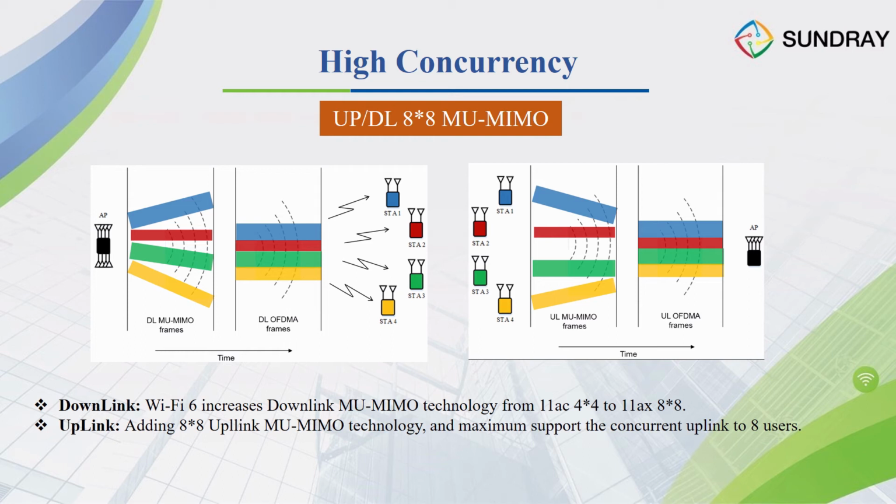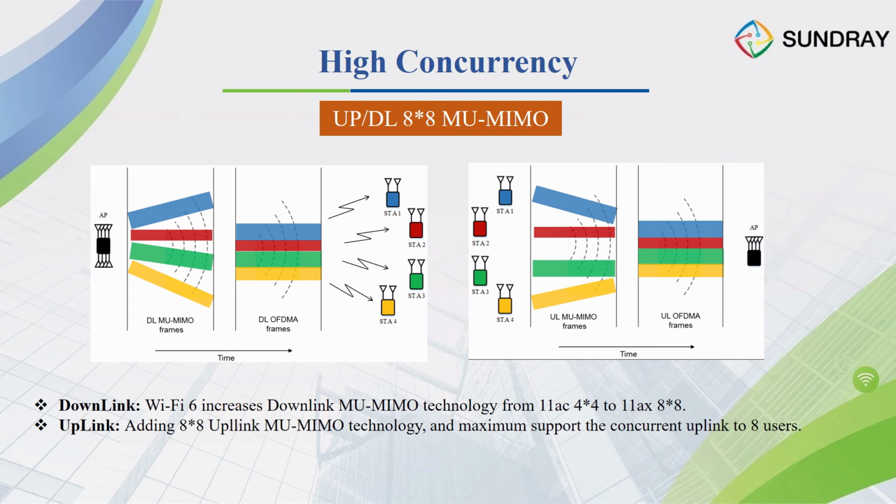But right now we have uplink and downlink both supporting 8x8 MIMO, so the resource is fully utilized in both directions. So this is smoother for the traffic.